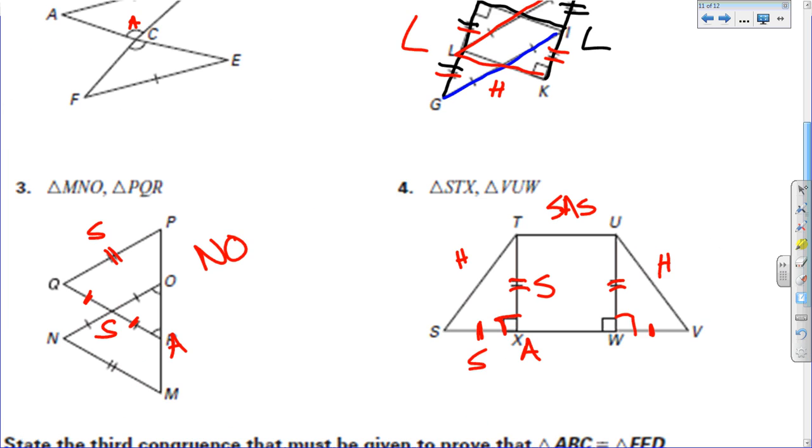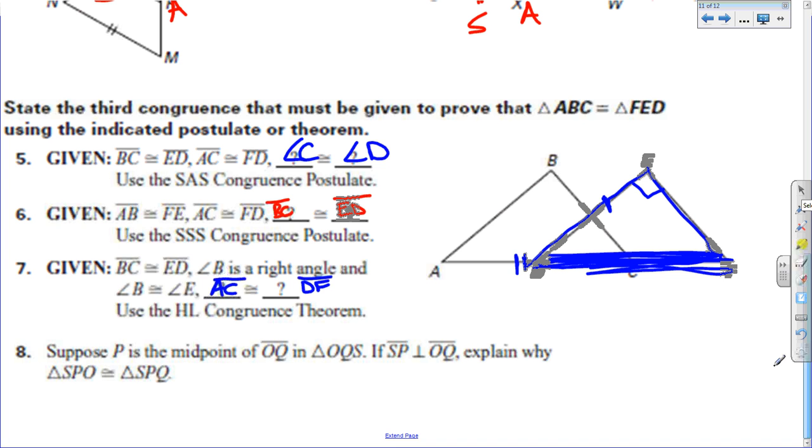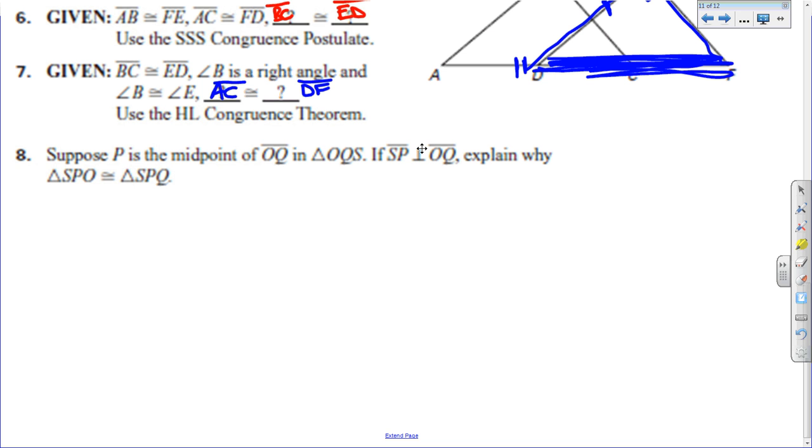This looks like one of those stupid ones. Suppose P is the midpoint of OQ in triangle OQS. If SP is perpendicular to OQ, explain why triangle SPO is congruent to triangle SPQ. Alright, so let's draw this. We got OQ.